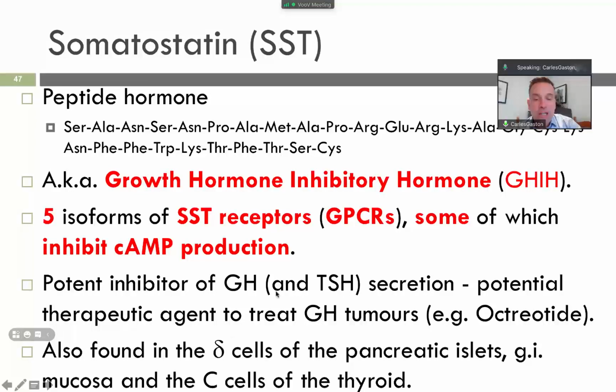And its use, as you will see on Friday, is somatostatin analogs for pituitary tumors that produce too much growth hormone, right? One of these compounds is called octreotide, which is an analog, and it inhibits the production of growth hormone. Also found in cells of the pancreatic islet, the mucosa and the C cells of the thyroid.